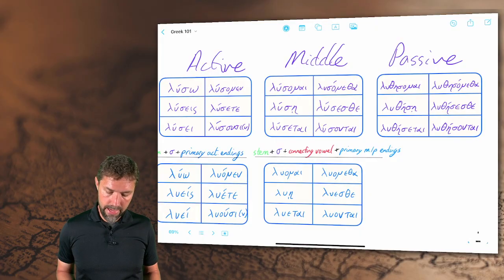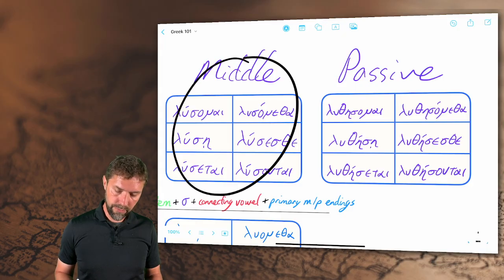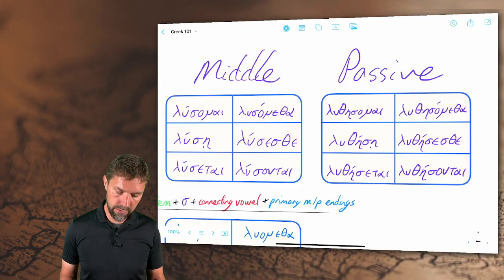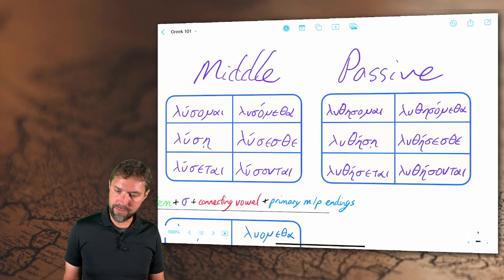Take a look at, let's compare the future middle, this chart, from the future passive, this chart. Take a second and go ahead, do the art of discovery. Look down through, and what patterns are you picking up here that make these two patterns distinct? What's the difference?